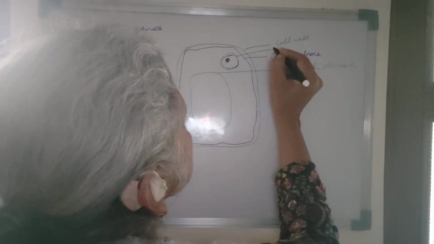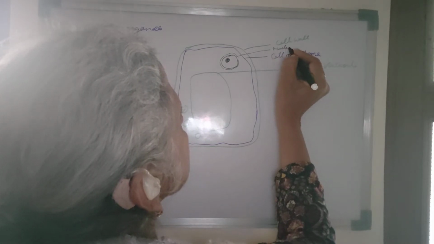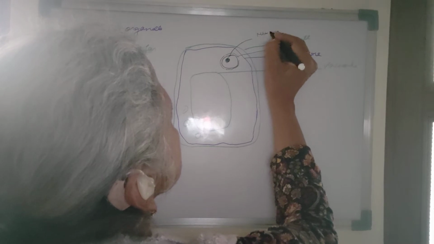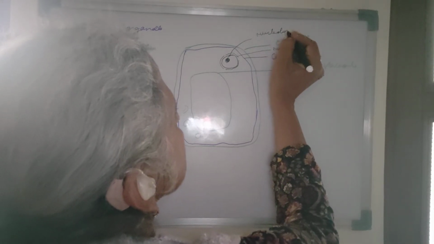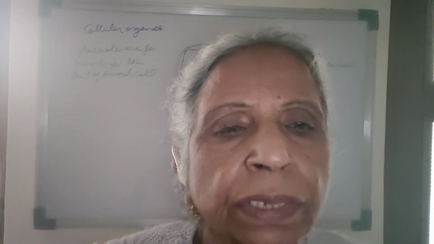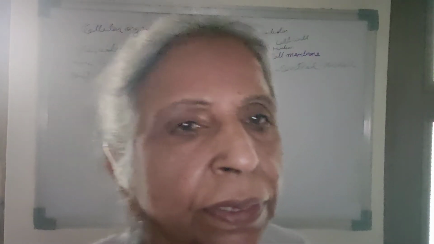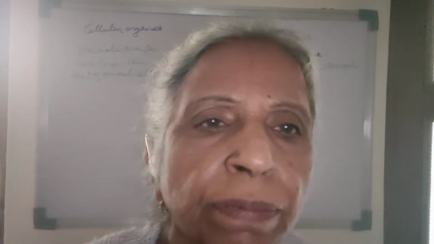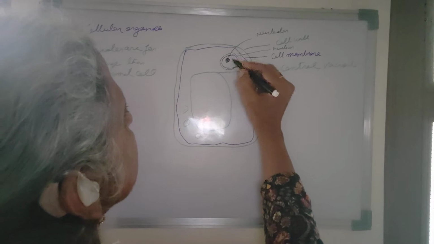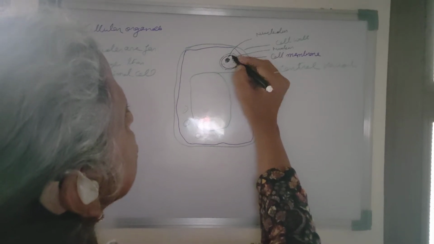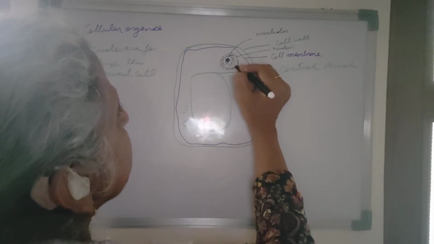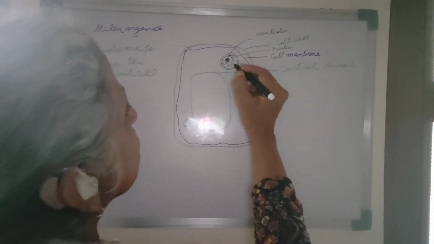This is nucleus. This is nucleolus. Nucleolus synthesizes the ribosomes, which are helpful in protein synthesis. In the nucleus is present nucleoplasm. In the nucleoplasm are present threadwork of material which is called the chromatin material.